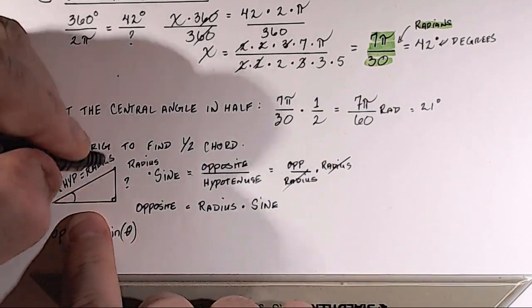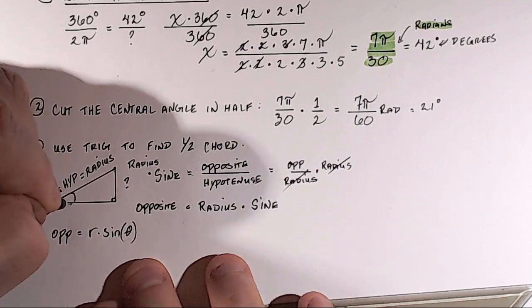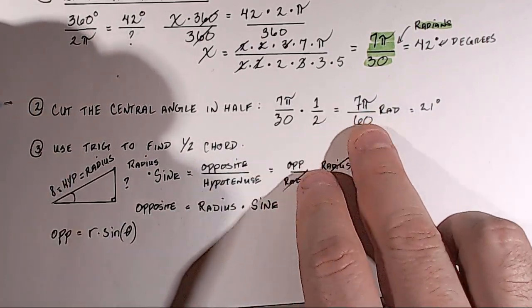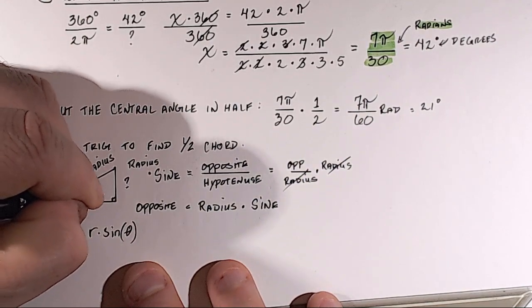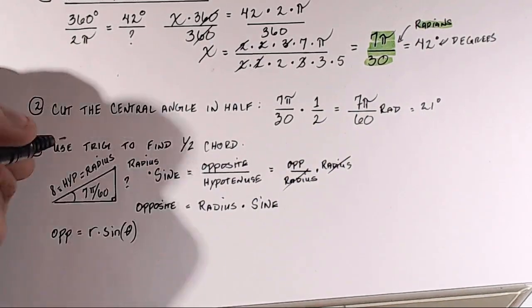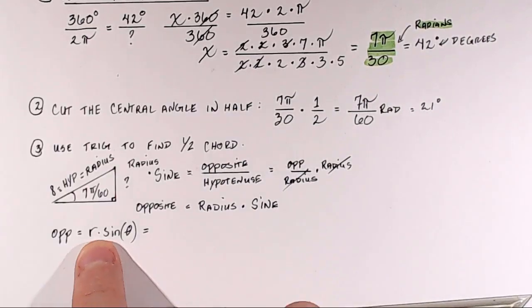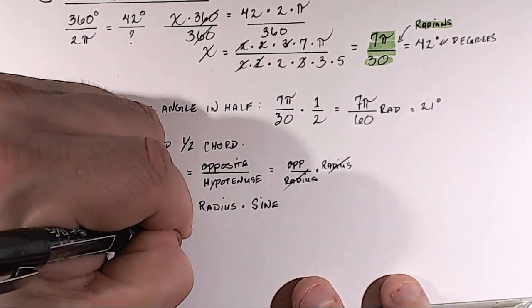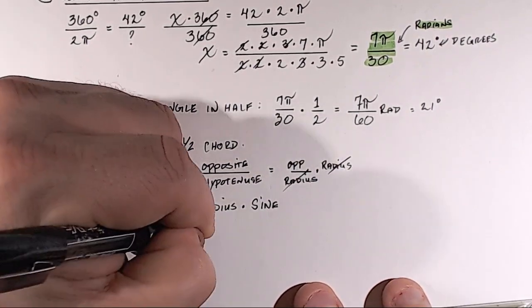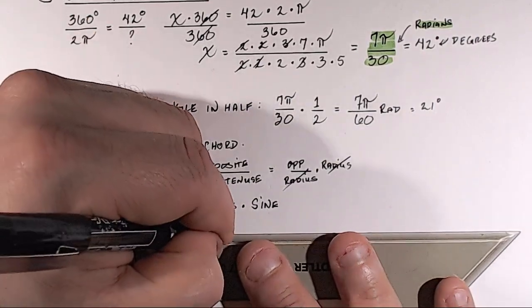Well, the angle that we want to find R times the sine of is 21 degrees or 7 pi over 60. So this is 7 pi over 60. So what we want to do is plug in R, which is 8, times sine of 7 pi over 60.